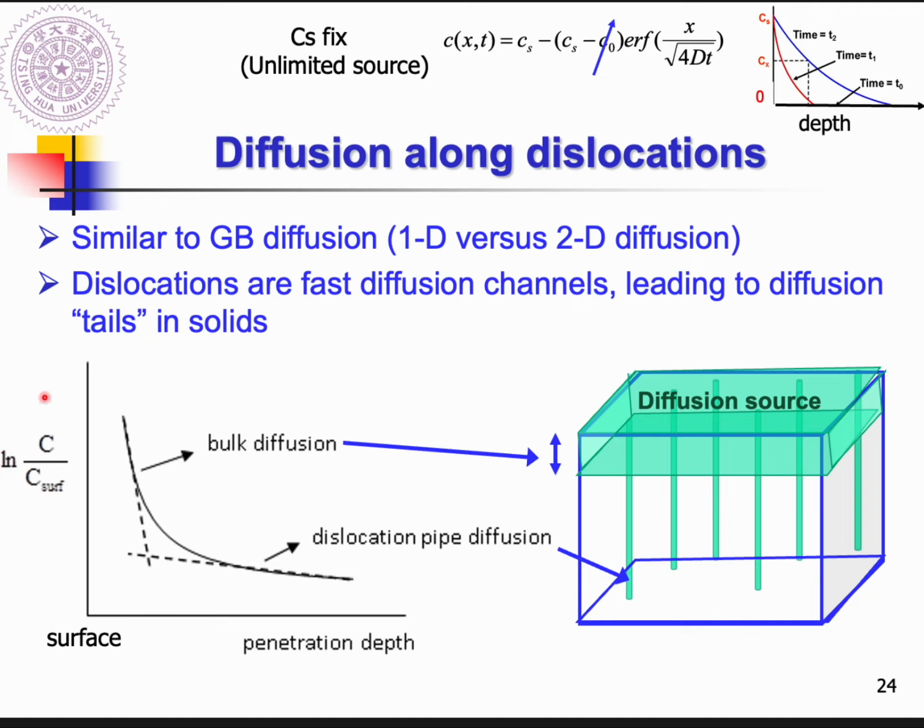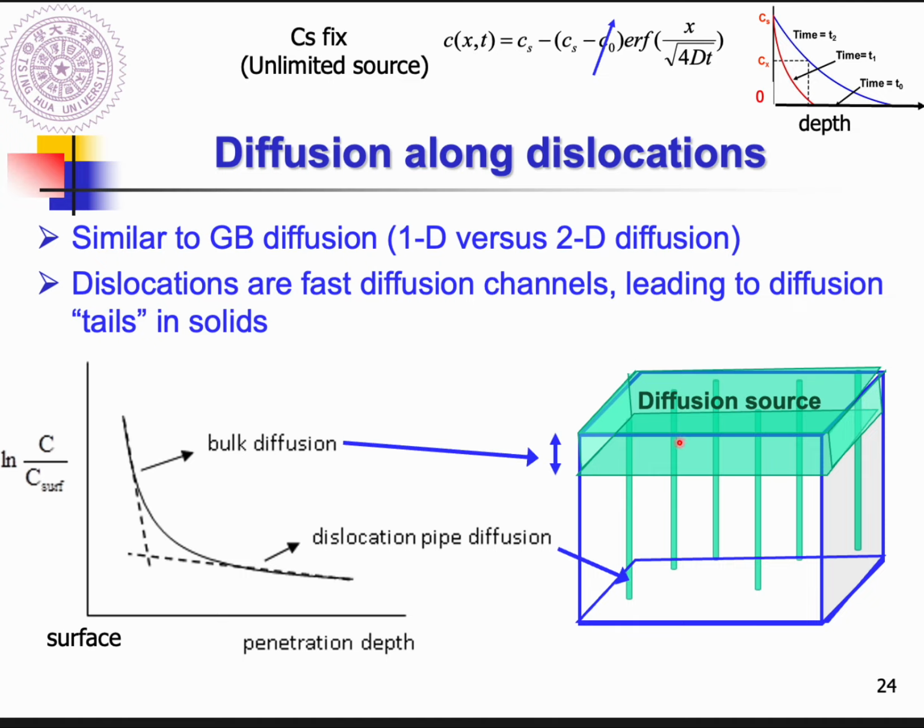So when you plot the log concentration as a function of penetration depth, you can observe an interesting curve like this, which can be fitted by two straight lines. The first straight line would be correlated with bulk diffusion or grain boundary diffusion, and the second straight line will be due to the dislocation pipe diffusion.